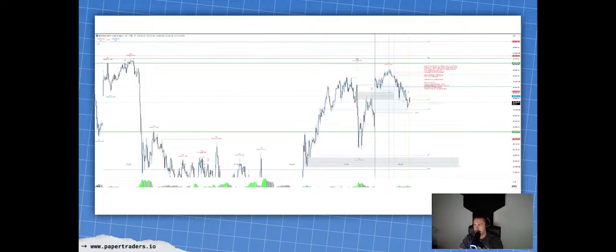Here I am watching how price is currently trading right below the previous 4-hour low. If price can clear above it, then we will look for the previous 4-hour 50%. And if price gets through that, then we get an outside 4-hour to the upside.